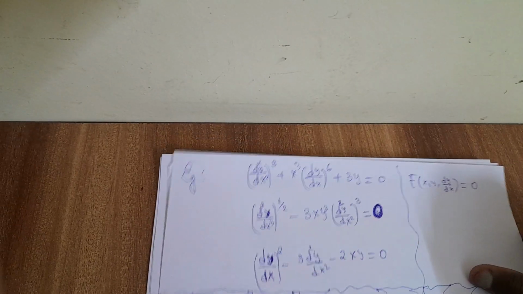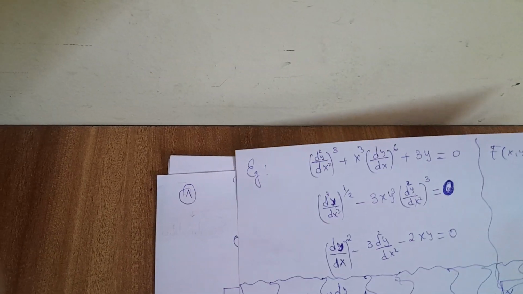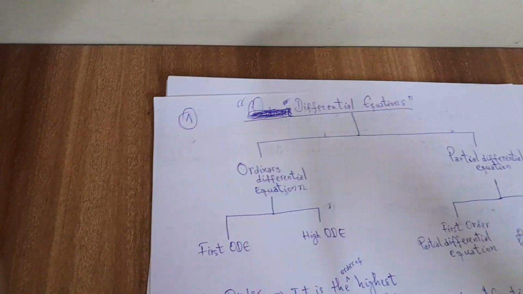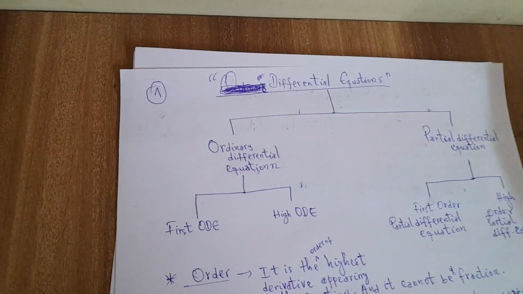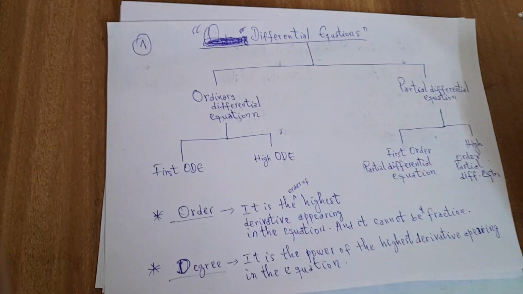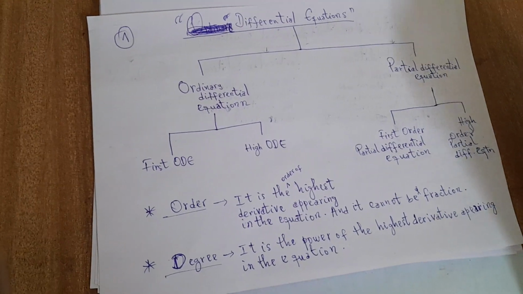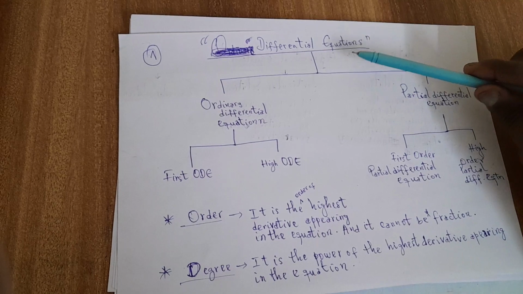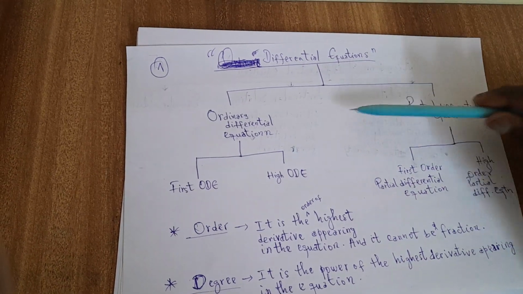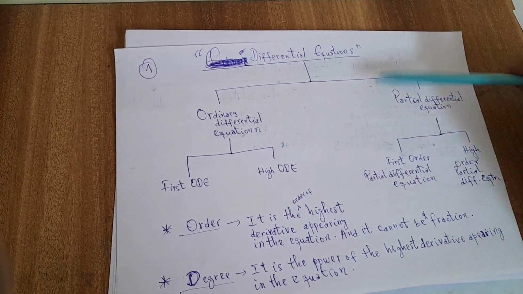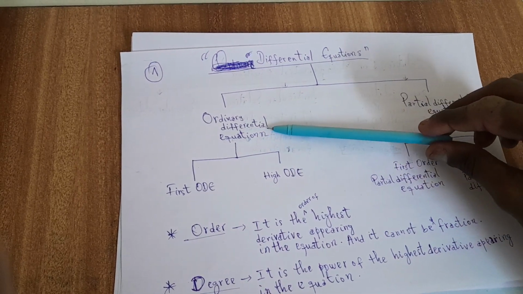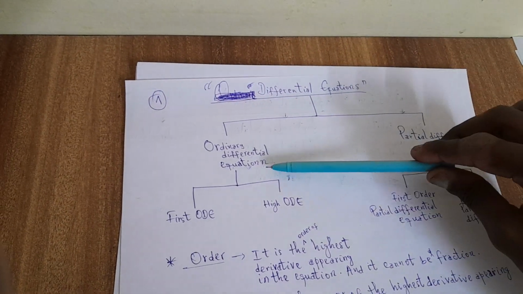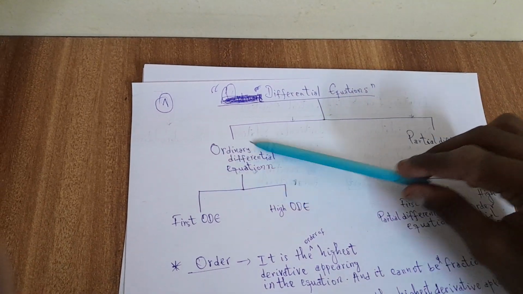Nice. Now the next thing that we have to understand better, before we start calculating, is which types of differential equation we know. A differential equation is divided into two types: we have ordinary differential equations and partial differential equations.